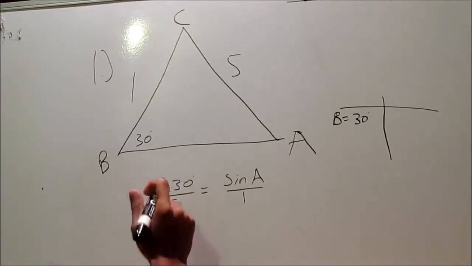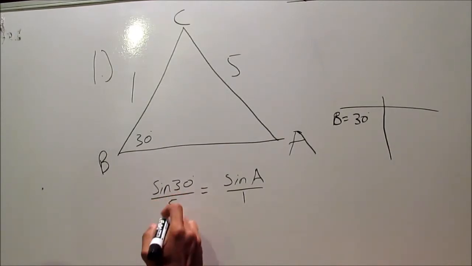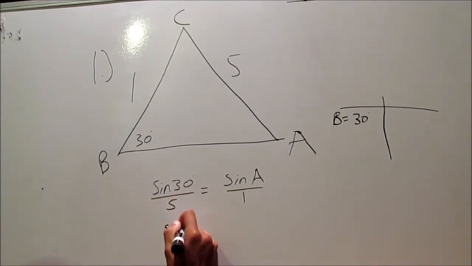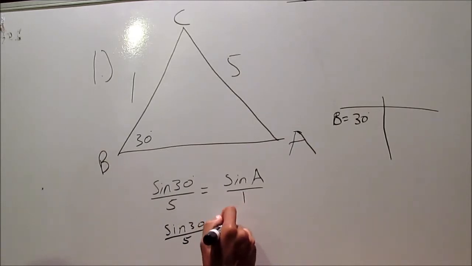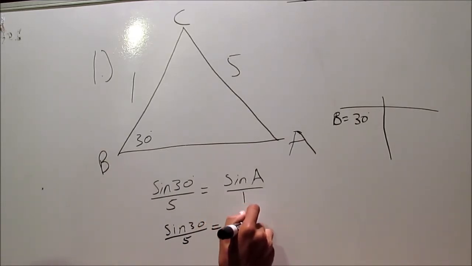And then you would multiply sine of 30 by 1, which is just sine of 30. So sine of 30 over 5 equals sine A.